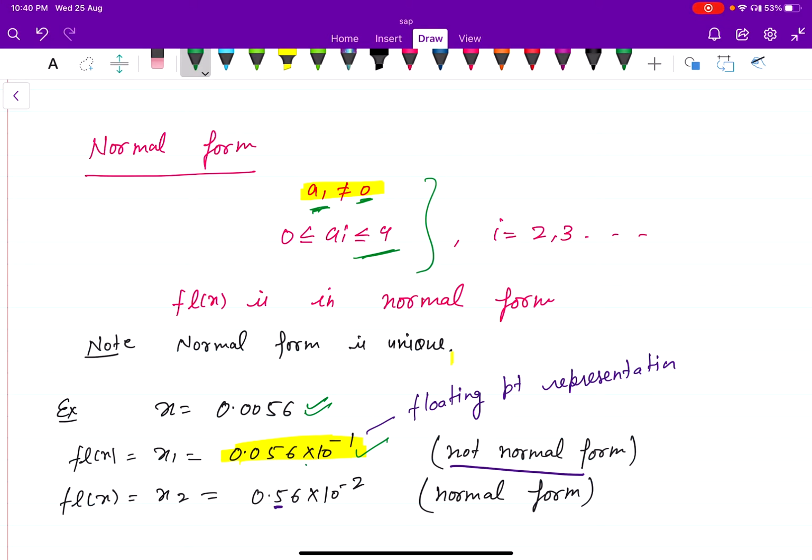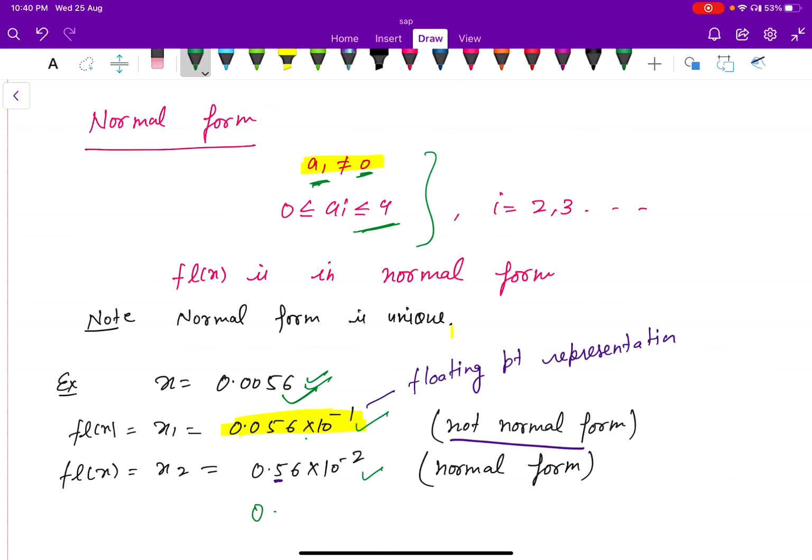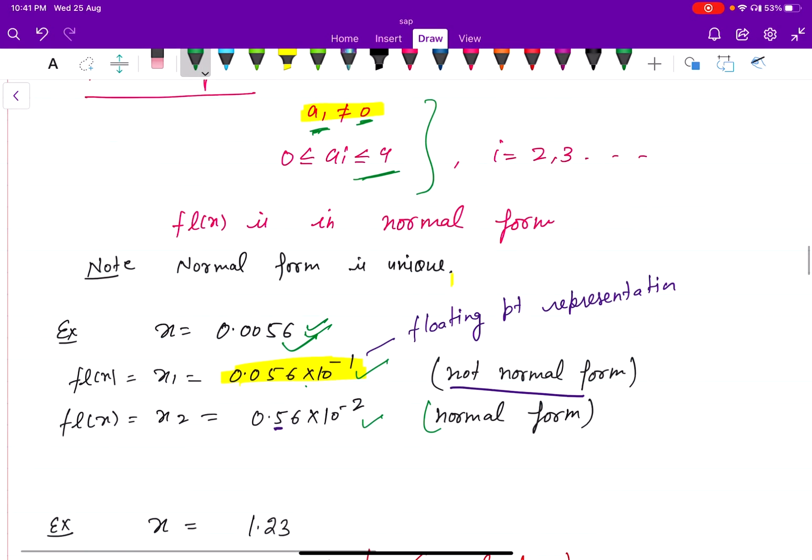Also, we can write this number as 0.56 into 10 to the power minus 6, or 0.00056 into 10 to the power minus. Okay, so normal form is what? That is the unique form.